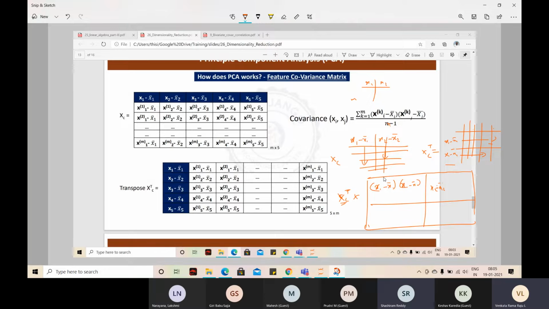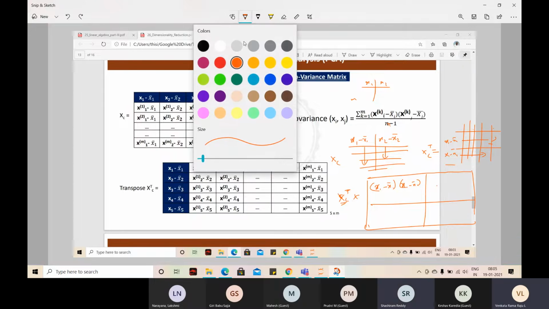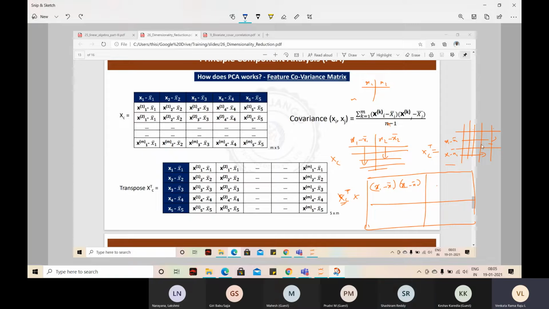Sorry, I should put X1 minus X1 bar. Let me take another color to denote the arrow. So this row multiplied this column and we got this. This row multiplied this column, we'll get X1 minus X1 bar into X2 minus X2 bar.